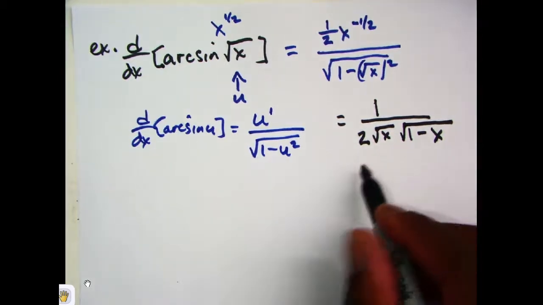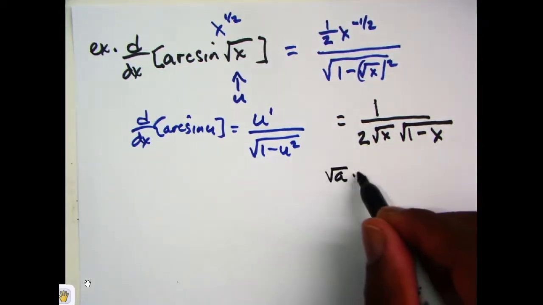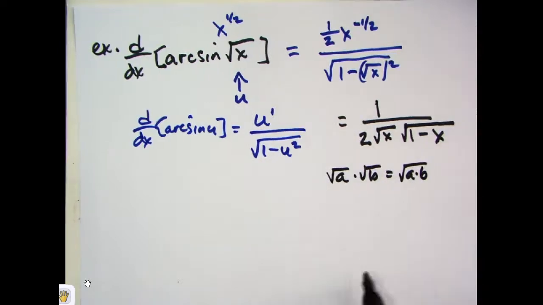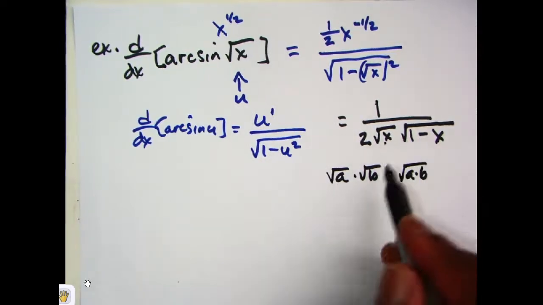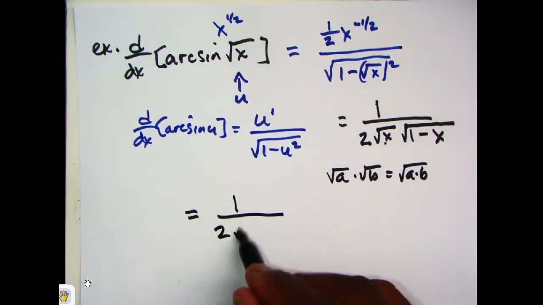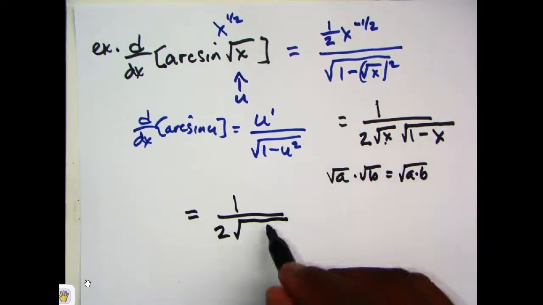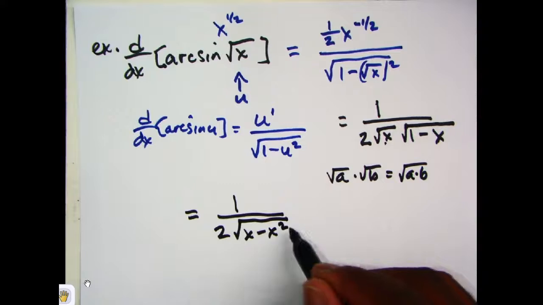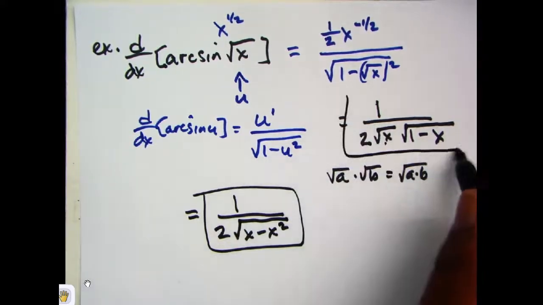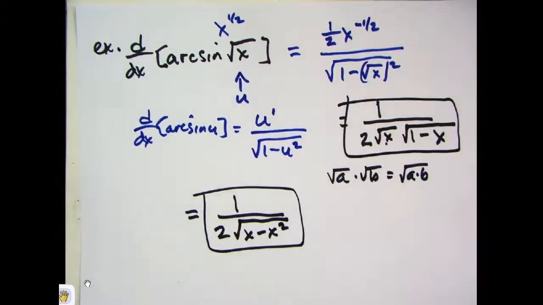Alright, now if we remember a property that says square root of a times square root of b is the same thing as square root of a times b, we can combine these two. So our final answer would be 1 over 2 square root of x minus x squared. So either one of these would be okay.